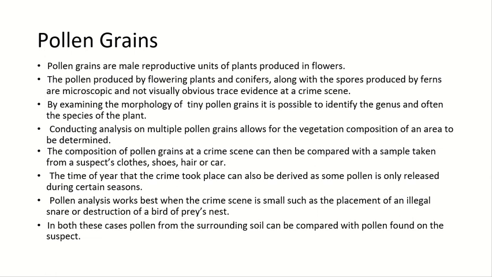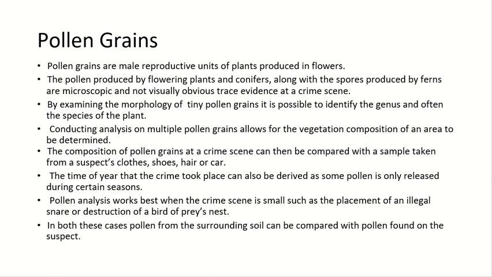The pollens produced by flowering plants and conifers, and the spores produced by ferns, are all microscopic and not visible to the naked eye, so the suspect or the criminal avoids them. But these microscopic creatures help in identifying the habitat of the suspect, where he belongs.